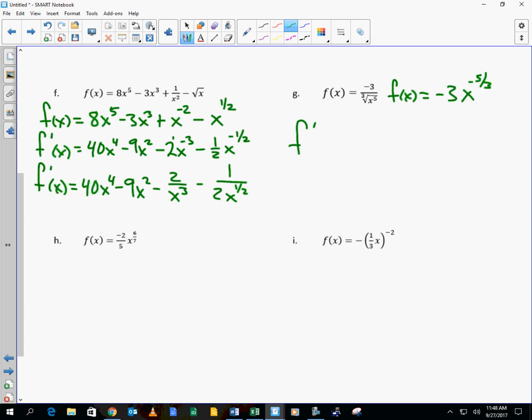Now I can take the derivative. F prime of x is equal to -5/3 times -3, 5. X to the -5/3 minus 1, or -5/3 minus 3/3, -8/3.